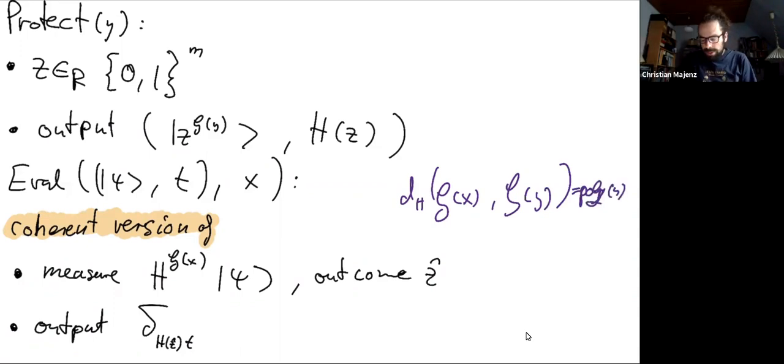And therefore, like the probability of obtaining 1 in the coherent version of this kind of evaluation procedure is exponentially small. And then by this gentle measurement lemma, or almost as good as new lemma, you can just uncompute and get back your input state.